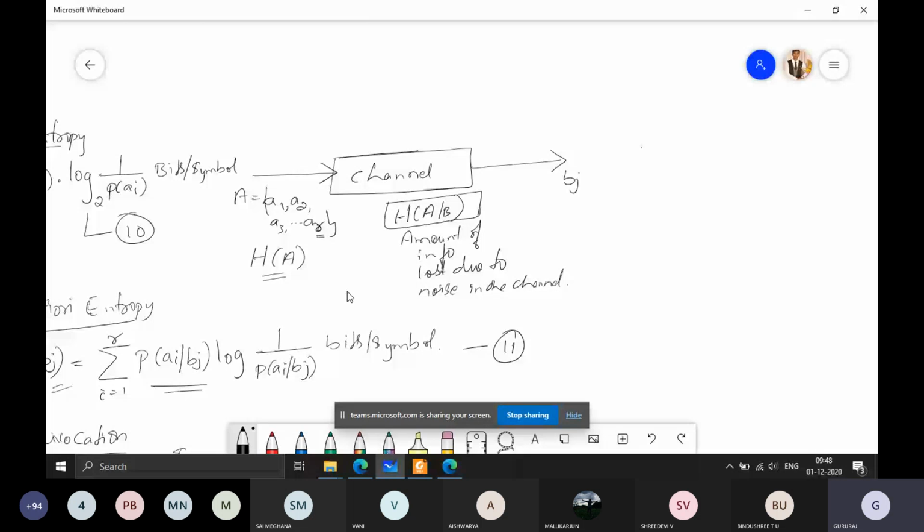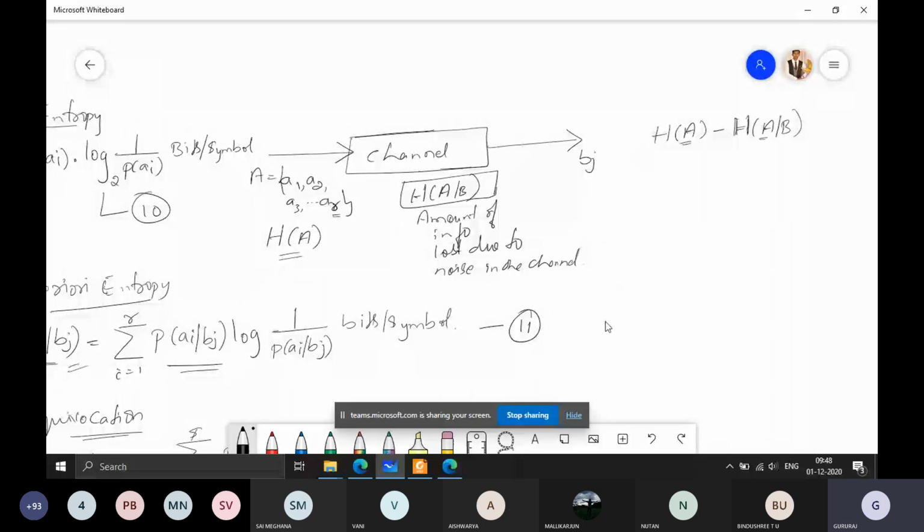Minus H of A by B. It is H of A minus H of A by B. This is the amount of information transmitted. This is the amount of information lost. If you subtract H of A by B from H of A, that is the remaining information that will be received at the receiver end.